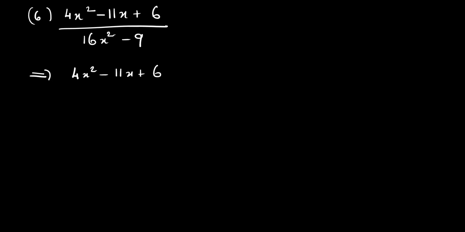Now here, if I multiply the first and the last number, that is 4 into 6 is 24. Now the last sign is plus, so the factors have to add up and give you 11. I can try 1 into 24, but the addition is 25.